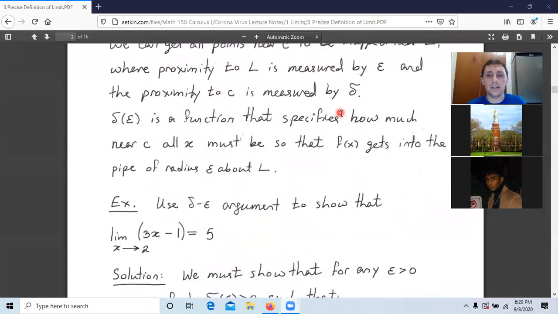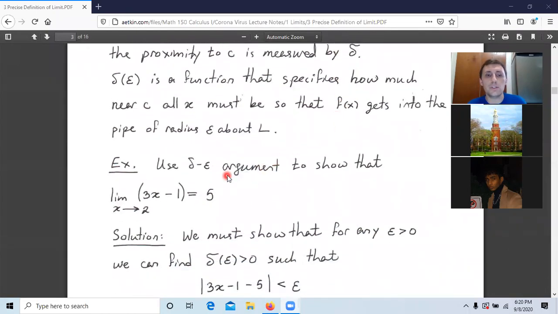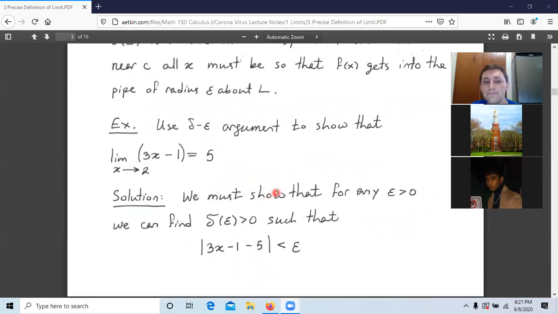So, okay, guys, here is that example. Use a delta epsilon argument to show that the limit as x goes to 2 of 3x minus 1 is 5. Okay, how do we do that? So here is that argument. What we do is we think in reverse. Imagine that you were busy turning the valve, closing the valve, and making the input pipe thinner around c.